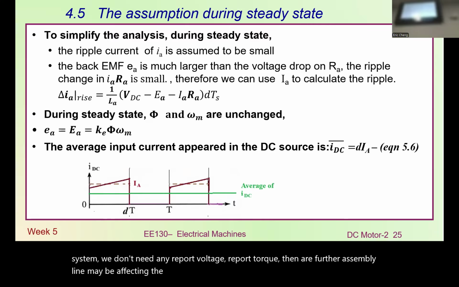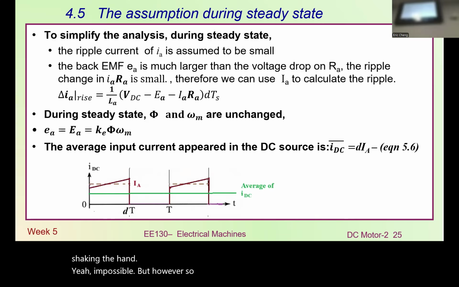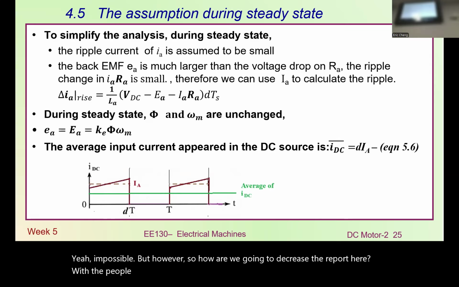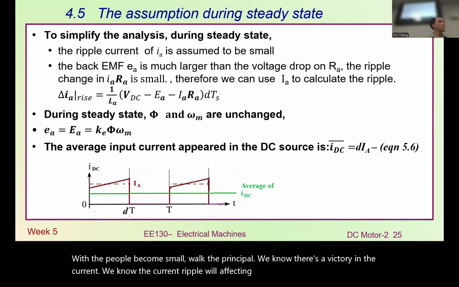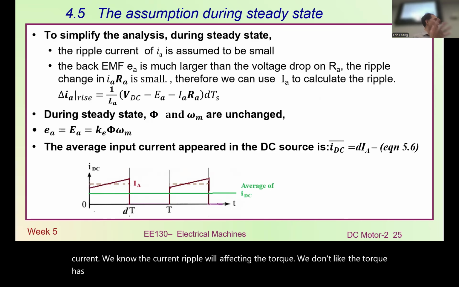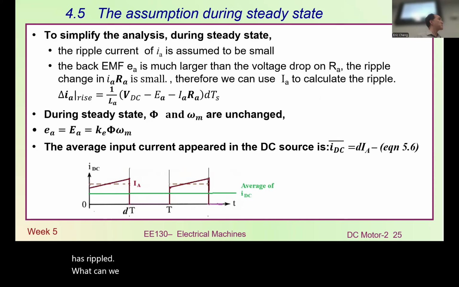You don't want to see the robot just shaking its hand. Impossible. So how are we going to decrease the ripple here? Make the ripple become small. What is the principle? We know there's a ripple in the current. We know the current ripple will affect the torque. We don't like the torque having ripple. What can we do? How do we improve that?